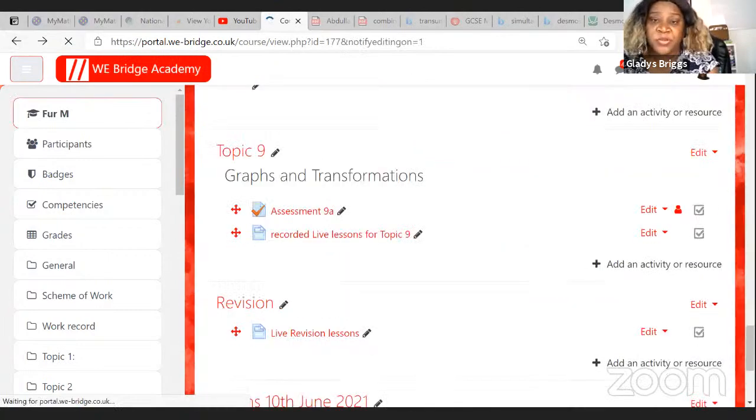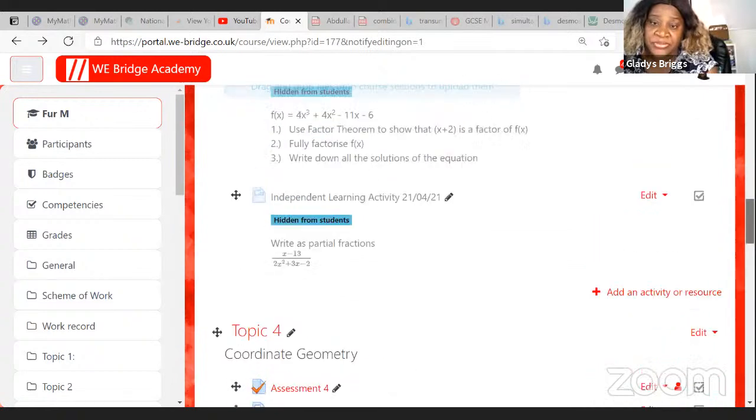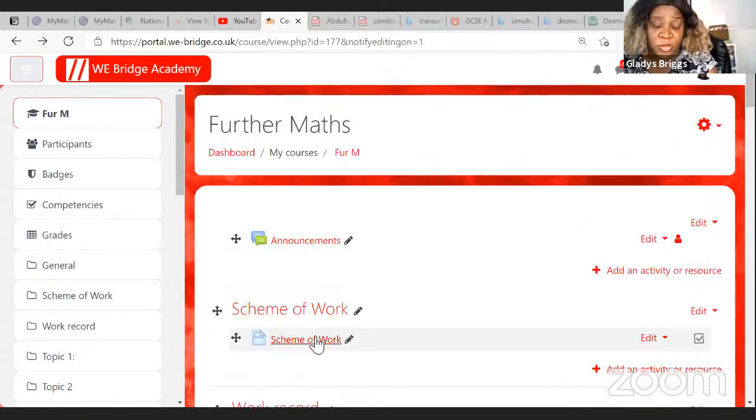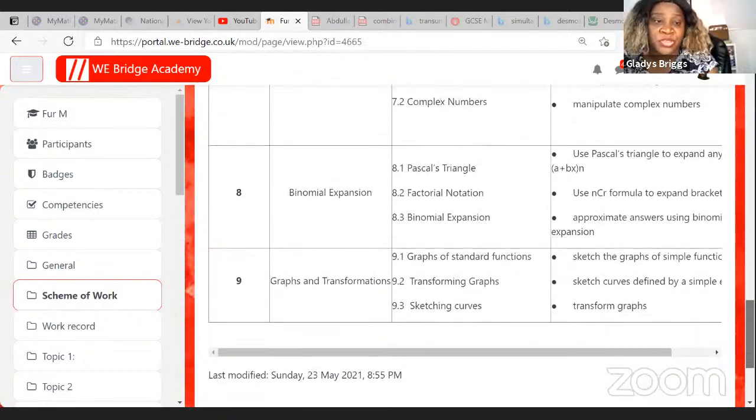So I'm going to take you to your scheme of work, what you should have covered, the teacher's documents, which I'm sharing with you because I want you to know what you should have covered.